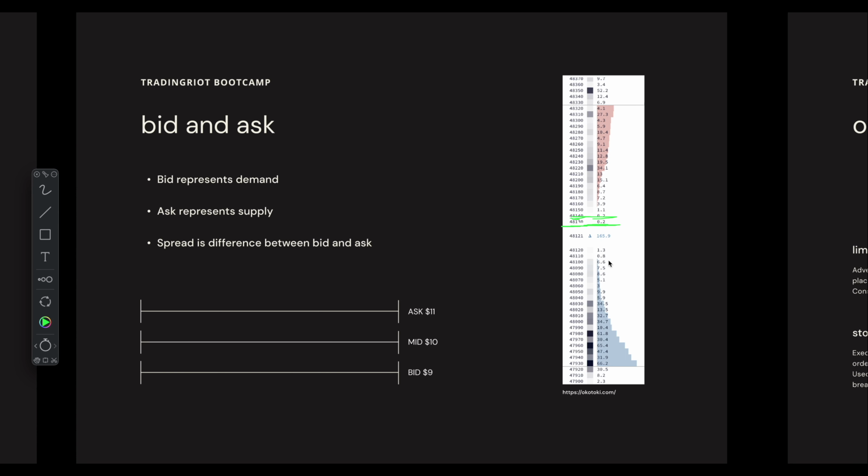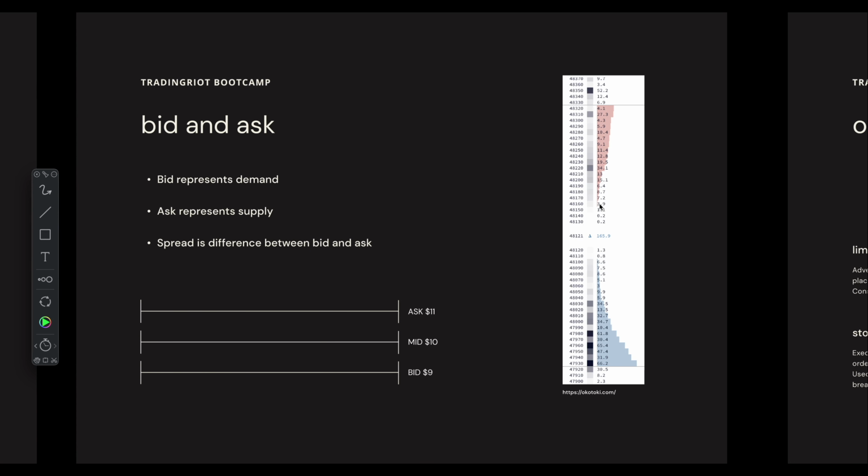So obviously if someone, for example, would just step into the market and decide that they want to buy, let's say, 5.4 Bitcoin at the market, what would actually happen?